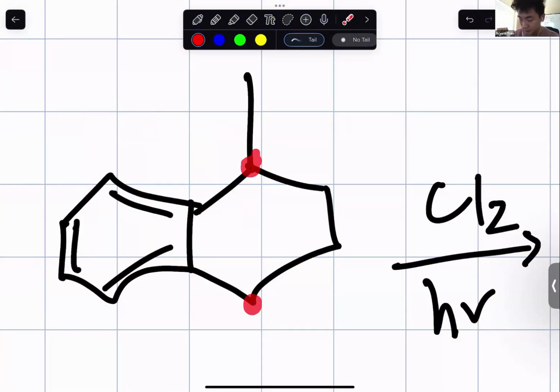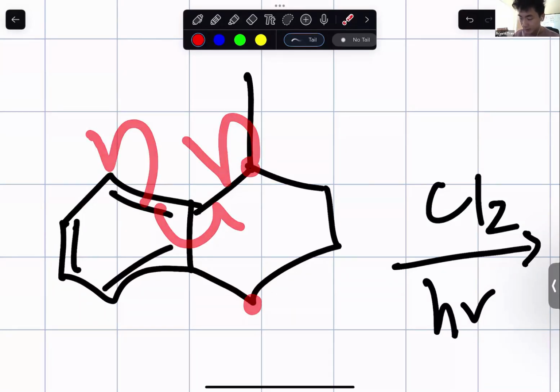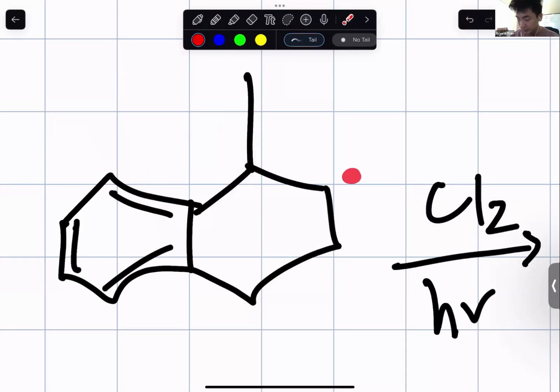If we draw the movement of one electron, it's a single hook arrow. If the radical was over here, this is an sp3 roadblock. It's blocking resonance. Same as over here: if the radical is here, we can't do resonance because this carbon is already double bonded. The thing that's going to do resonance is the double bond, not the radical.